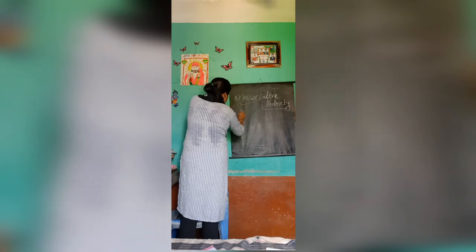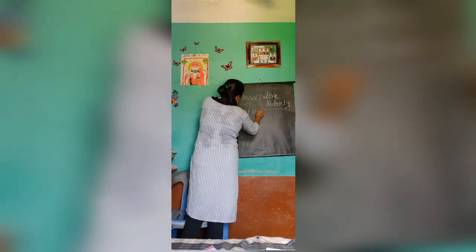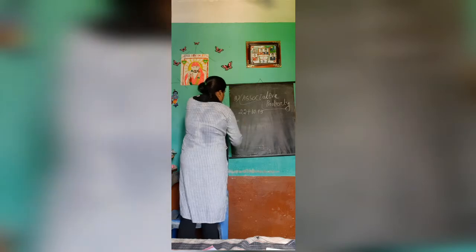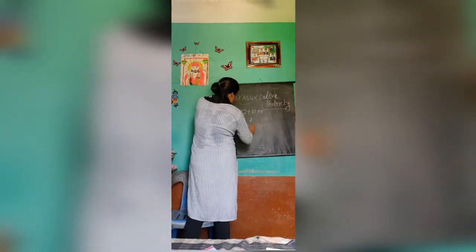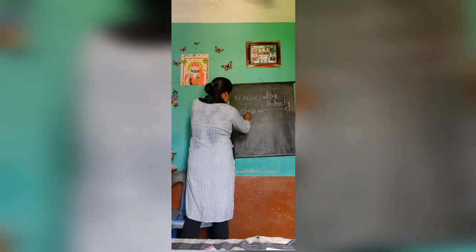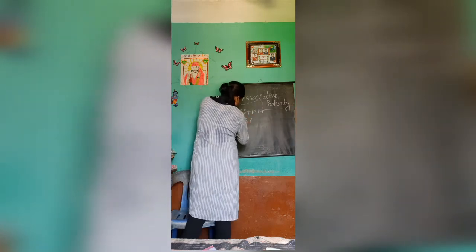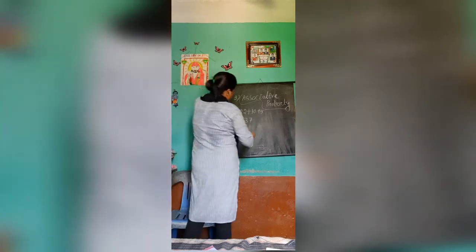It means 22 plus 10 plus 5. What is the result? 5 ones, then 2 ones, 7 ones. Then 1 tens, 2 tens equal to 37. Associative property, among 3 numbers, also no change.